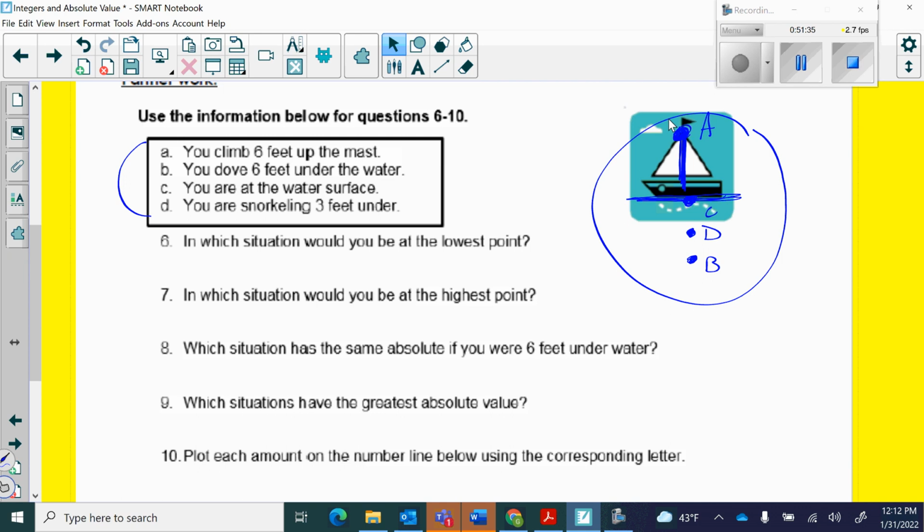Okay, which one is the lowest? B. At the highest, A has the same absolute value as if you were 6 feet underwater. Which situations have the greatest absolute value? A and B. So it's both of them.